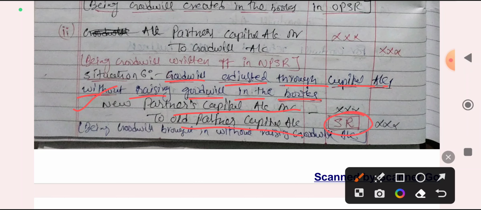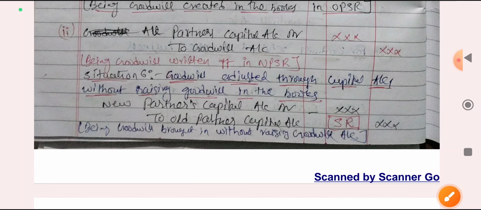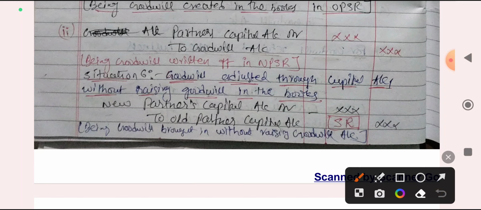Here we use the sacrificing ratio, and only the new partner's share of goodwill will be taken into consideration, not the entire firm goodwill. For writing off and valuing, you will take the entire firm goodwill, but for without raising the goodwill, we will take only the new partner's share.